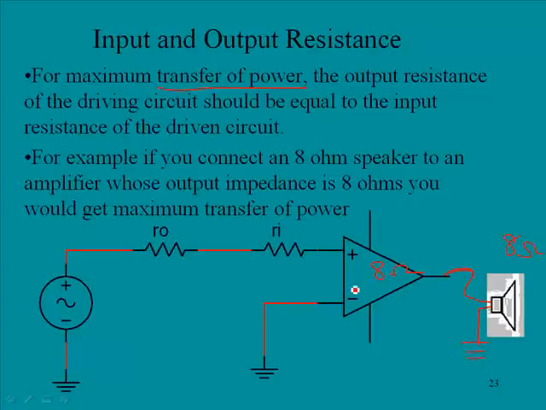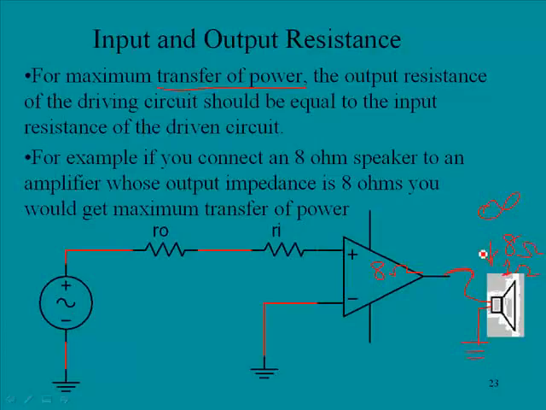We're not going to go there, but just as a quick analysis, if we considered that this was down at say 1 ohm, then we would see that most of the signal would be dropped across the amp. If we increase this to infinity, then we would get all of the voltage, but the current would be negligible, and so again our power transfer would be very small.